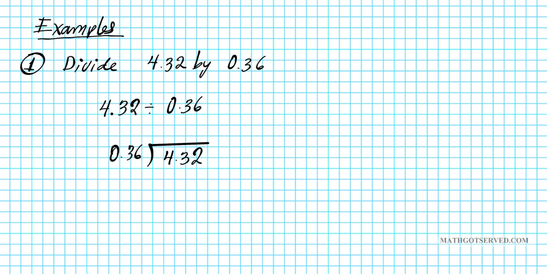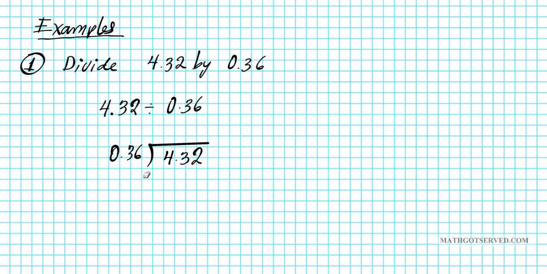Okay, now we're going to start to use the strategy or steps that we just went over. We're going to apply them to this problem. And now, first thing you'll notice is that the divisor is a decimal. So we have to address that. We have to convert this into an integer by adjusting the decimal point of the divisor and the dividend an equivalent number of times until this becomes an integer.